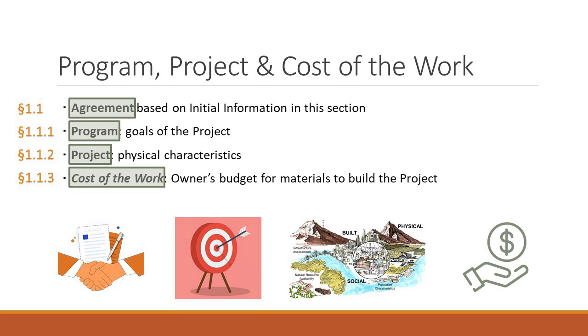The next thing I want you to see on the screen is under 1.1.3, where I have the language Cost of the Work highlighted in bold. Anytime you see this in these slides, that is not the language as drafted in the actual AIA agreement. I've highlighted it because I want you to recognize that it's important for what we're talking about.